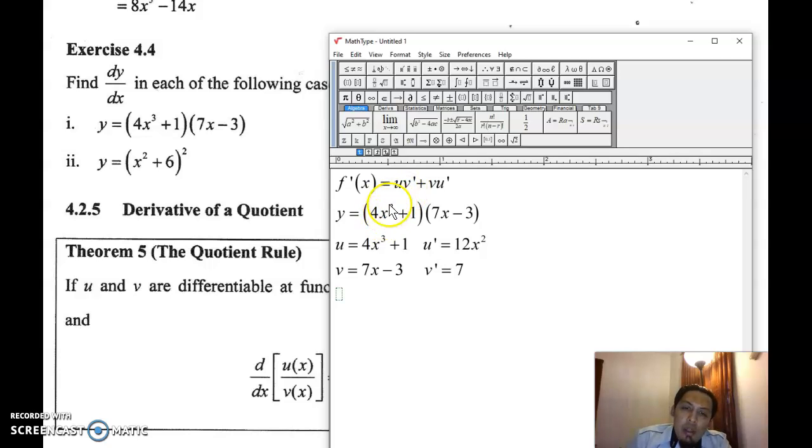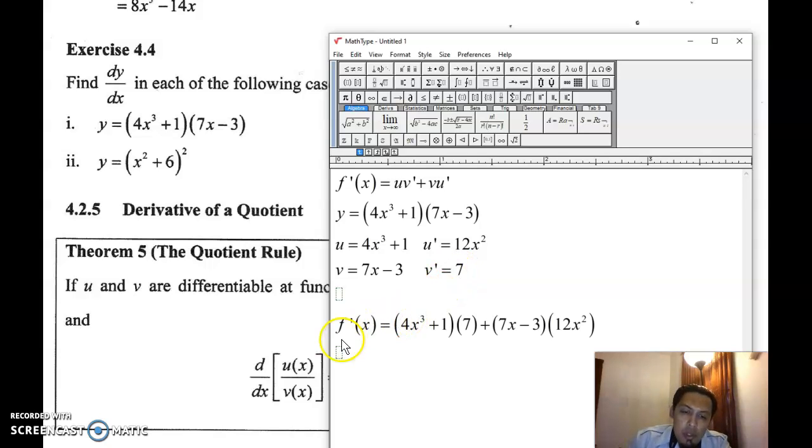We are going to define this as u and this as v, or you can do the other way around, it doesn't matter. So we have u and v here, and as required by this formula, we'll need to define u prime and v prime. So we are doing that. So this becomes 12x squared and v becomes 7.